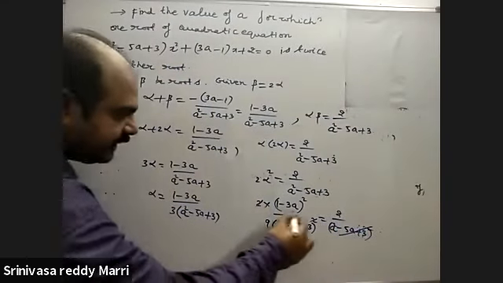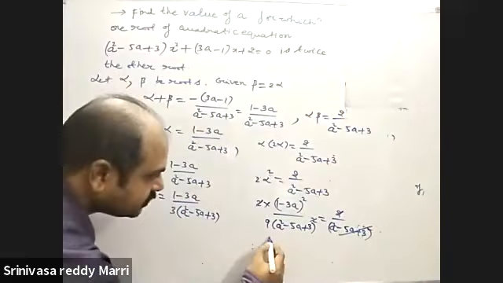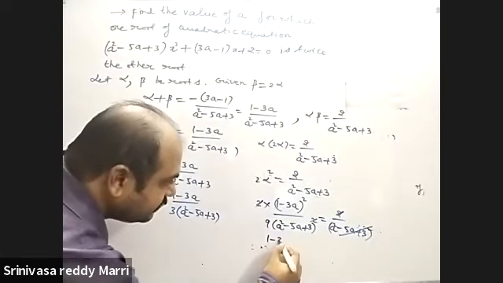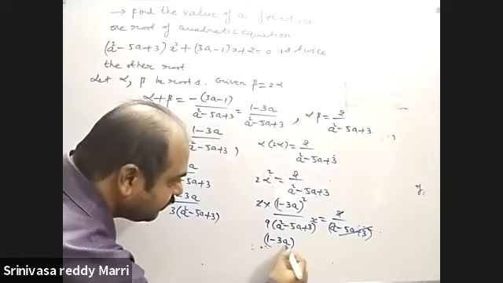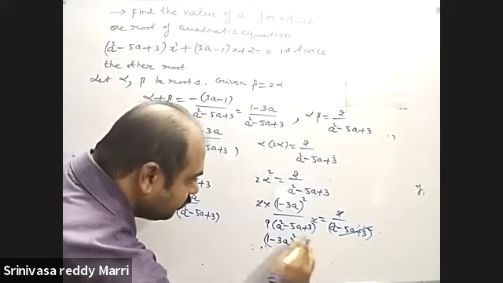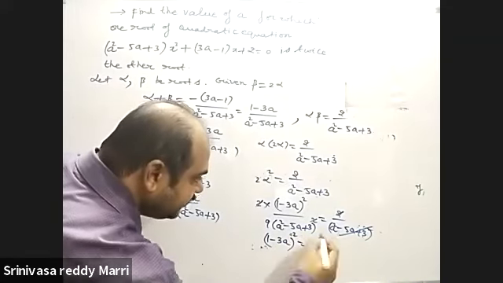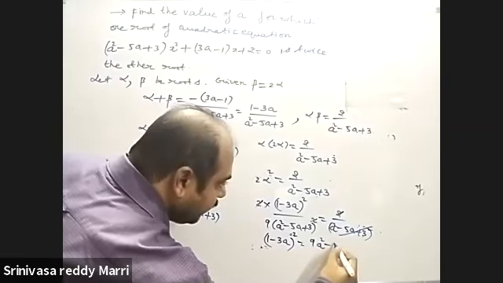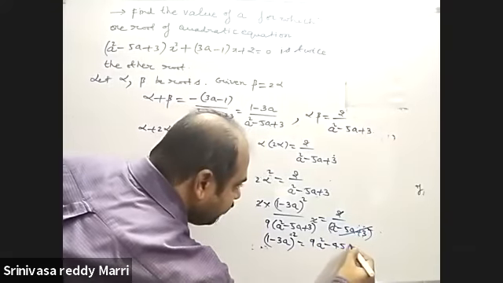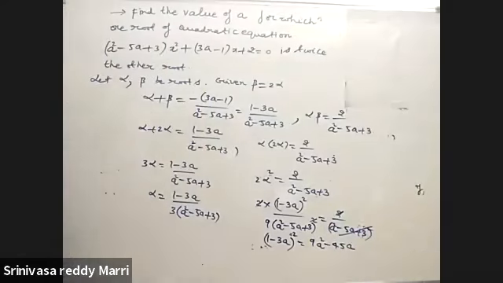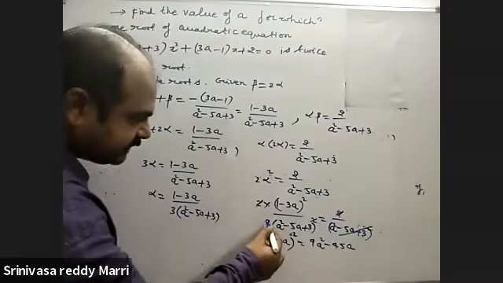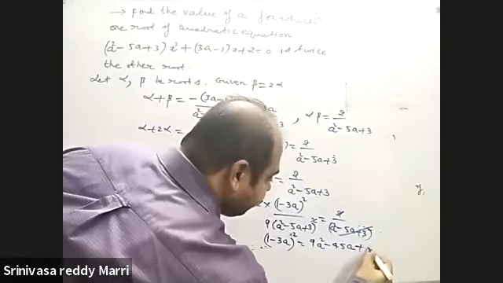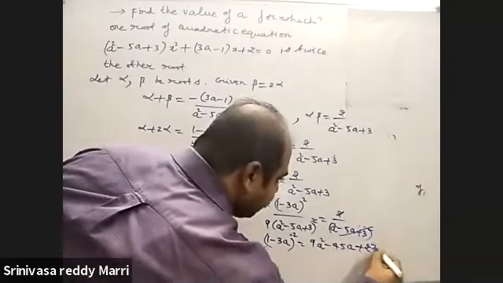So 2 will get cancelled. Now you will get (1 minus 3a) whole square equal to, bring that side, 9 into (a square minus 5a plus 3), that is 9a square minus 45a plus 27.